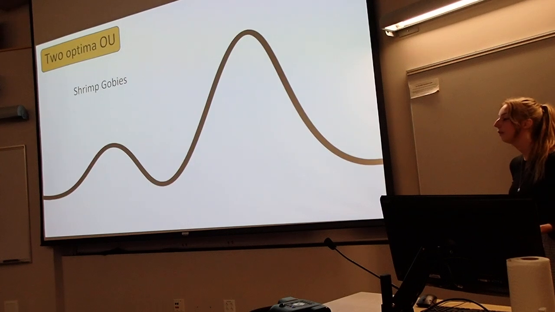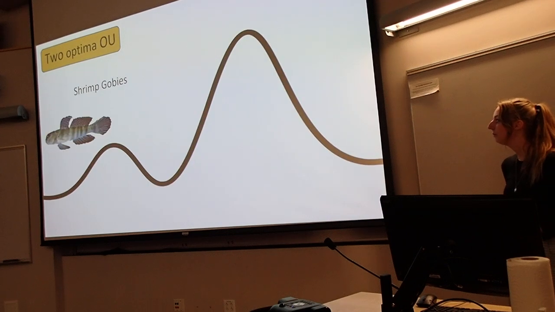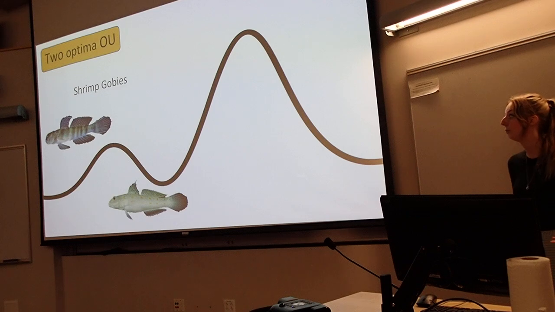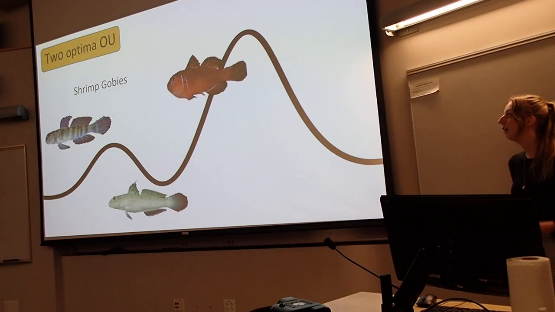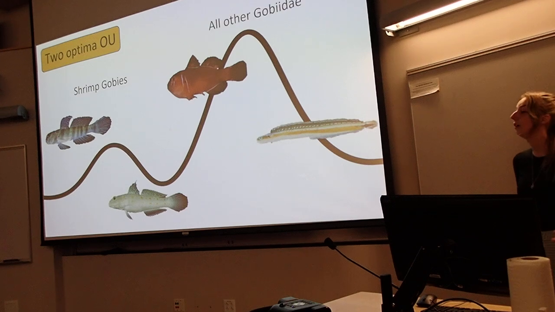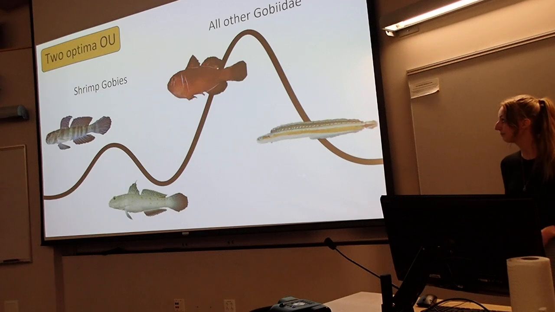So to explain further this two optima model, it really means that your shrimp gobies have one shrimp goby shape, and this so happens to be really advantageous in this shrimp goby mutualism. And on the other end of the spectrum, you have these really diverse goby forms and all other members of the family Gobiidae. It's two distinct body plans.